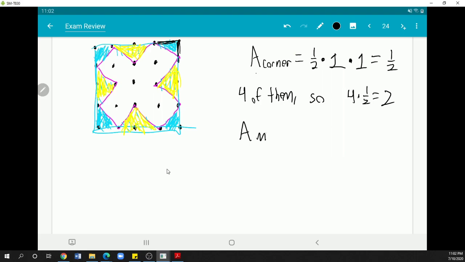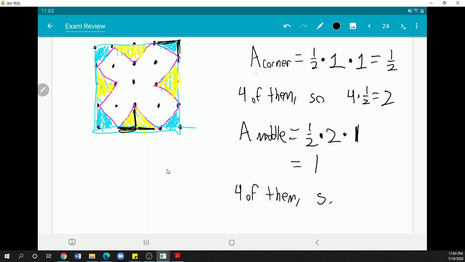A of, I don't know, middle equals 1/2 times, now there's 2 units, times 2, times 1, because the height is 1 unit, giving us 1, and then 4 of them, so 4 units squared, here it was 2 units squared.